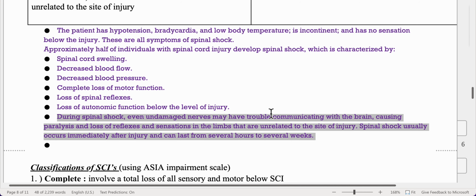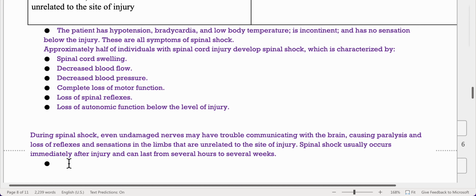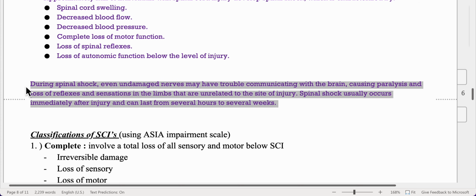During spinal shock, even undamaged nerves may have trouble communicating with the brain, causing paralysis and loss of reflexes and sensations in the limbs that are unrelated to the site of injury. Spinal shock usually occurs immediately after injury and can last from several hours to several weeks.